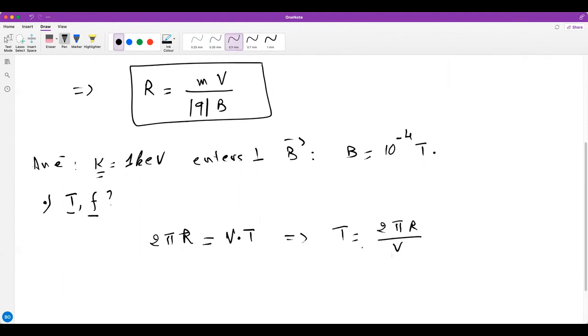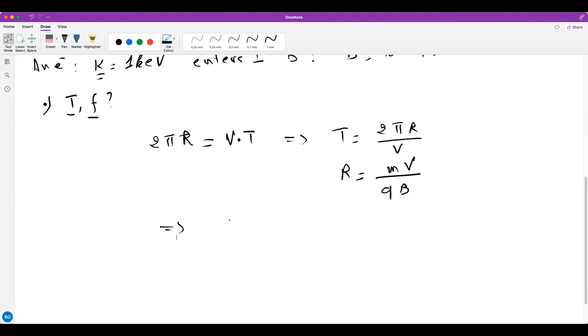But we also know that r is equal to the mass times the velocity of the particle over the absolute value of the charge times the magnetic field. Combining equation 1 and equation 2 will give me the period equal to 2 pi m divided by the charge times B.